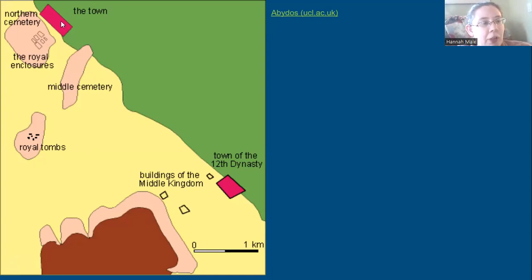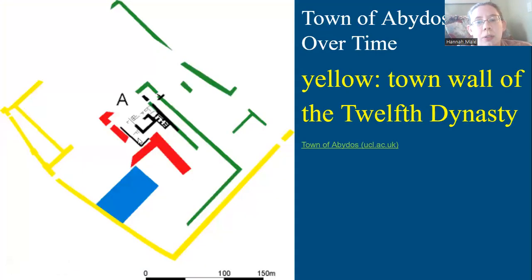So I think it's talking about this chunk. The yellow is the town parts that seem to date from the 12th dynasty, so from the Middle Kingdom.